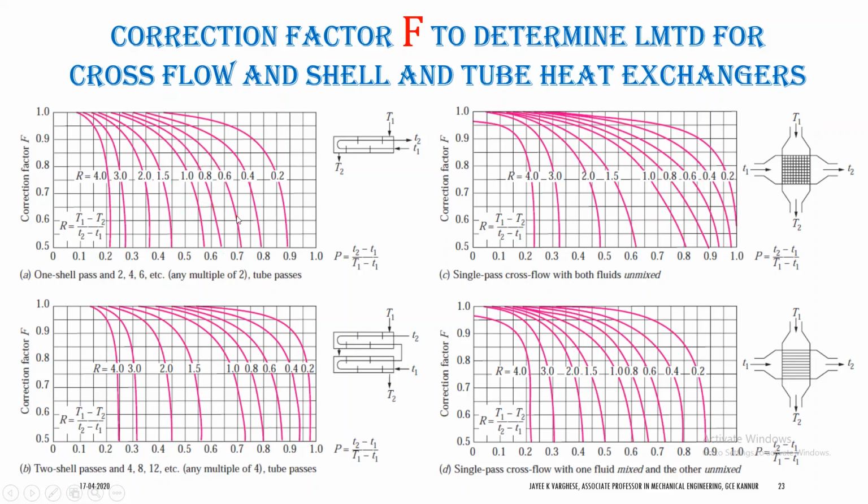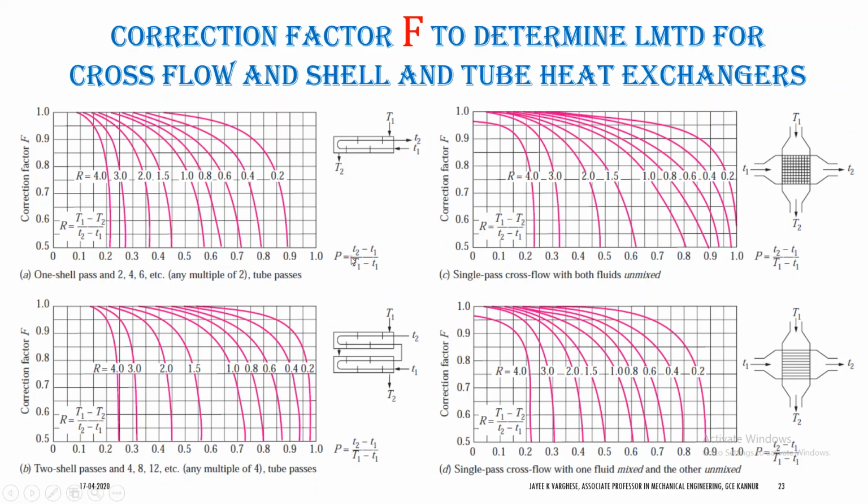The Y-axis is for the correction factor and the X-axis is for a parameter called P. P is determined by t2 minus t1 divided by T1 minus t1, where small t is used for the tube fluid and capital T is used for the shell fluid.